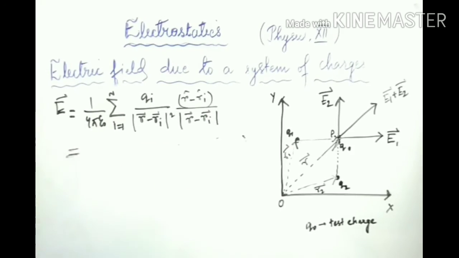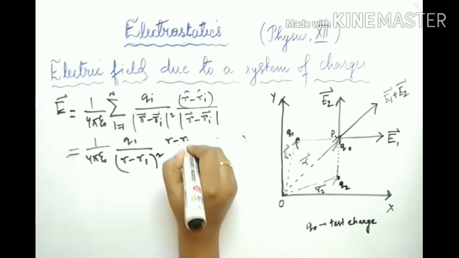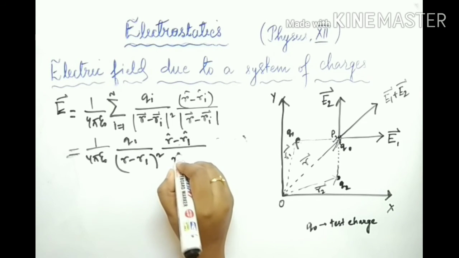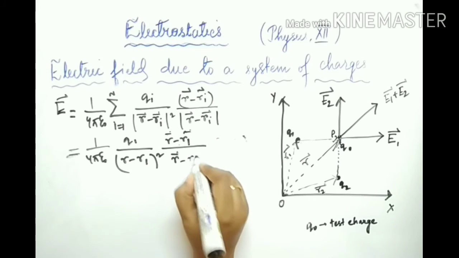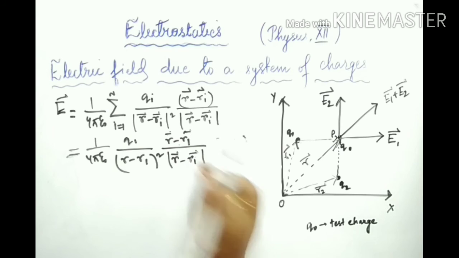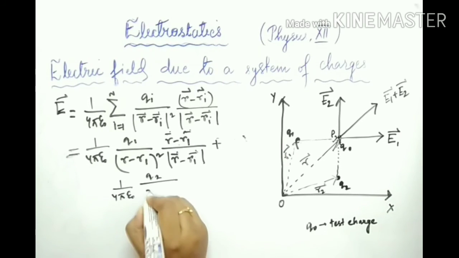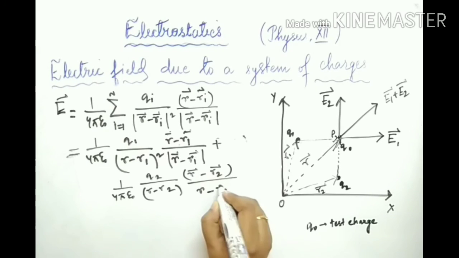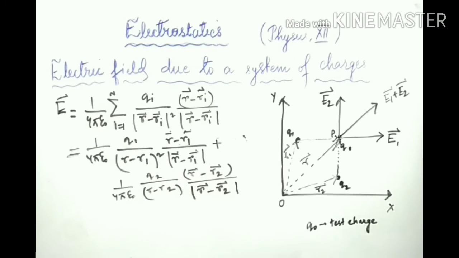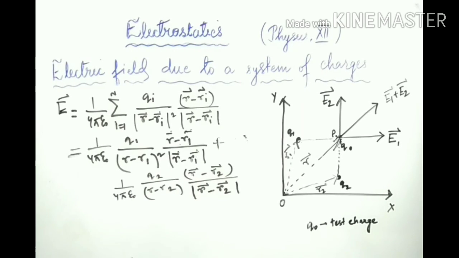So we can write 1 by 4 pi epsilon naught q1 by mod of r minus r1 squared, times the vector r minus r1 divided by its mod, plus 1 by 4 pi epsilon naught q2 by mod of r minus r2 squared, times the vector r minus r2 divided by its mod. Because there are only two charges, we are taking only two terms, one is this term and another is this term.